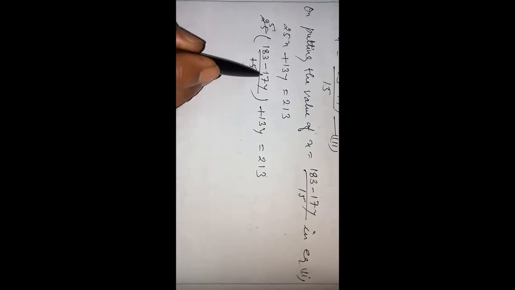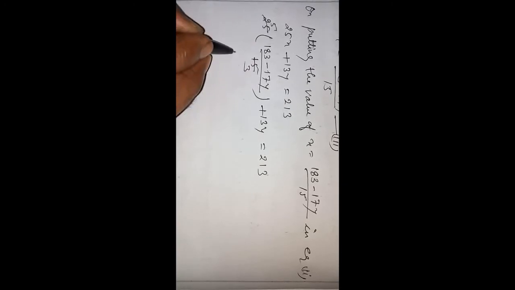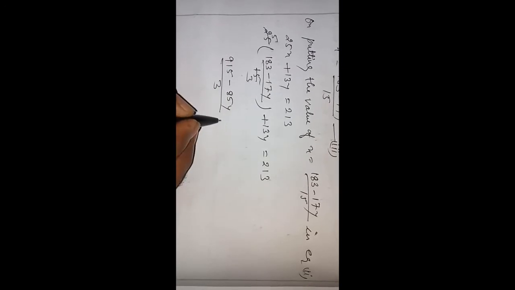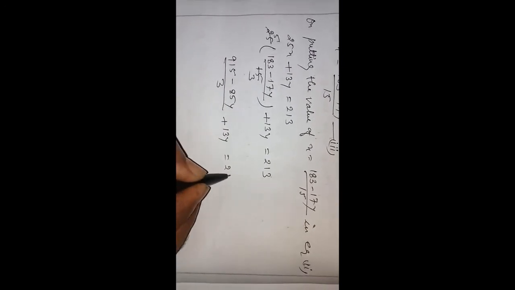5 5 is 25, 5 3 is 15. Now multiplying this number by 5, we get 915 minus 85y upon 3 plus 13y is equal to 213.